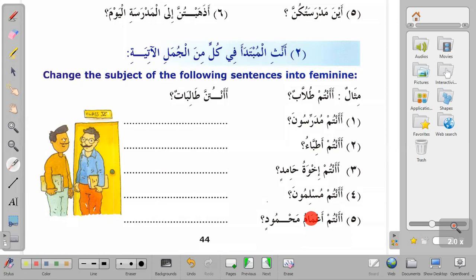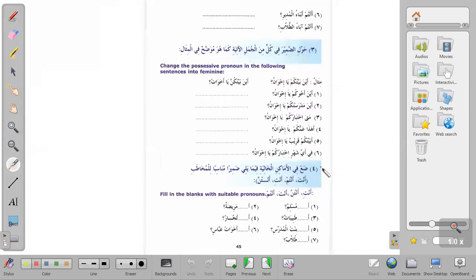Ammun is the uncle, but if you add the ta marbuta, it will change to aunt. If you are changing it to feminine, you add the alif or ta. It will be ammatun. I hope that is clear. If there is any confusion, please draw our attention and we'll explain to you.